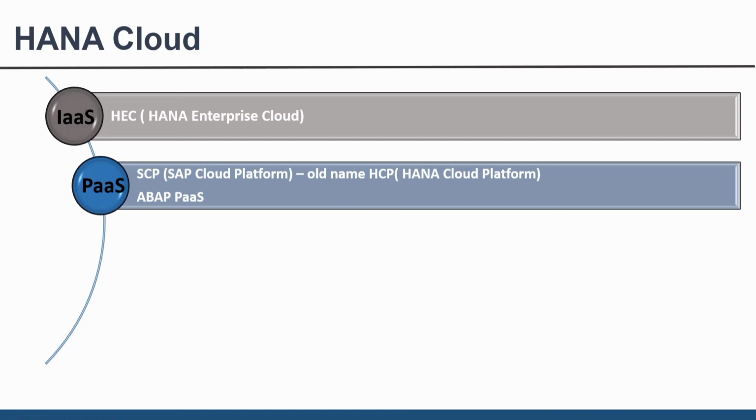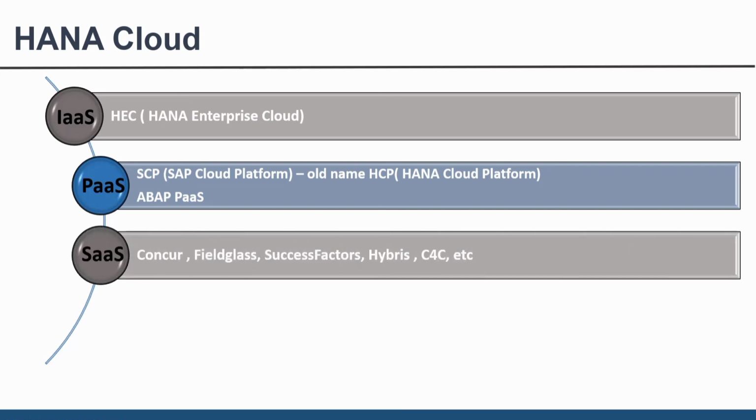Now it is called SCP. And you can use ABAP as a programming language on top of SAP Cloud Platform, which is called ABAP PaaS. For software as a service, SAP has introduced different applications like Concur, Fieldglass, SuccessFactors, Hybris, C4C, etc.